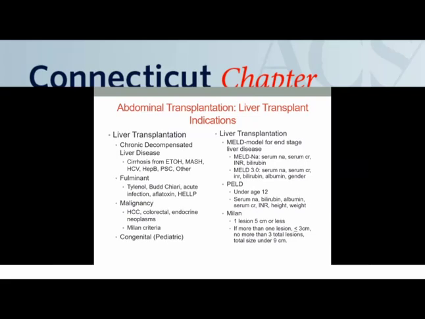These include recently non-resectable colorectal metastases, endocrine neoplasms limited to the liver, and cholangiocarcinoma, which we can talk about, but generally constitutes cholangiocarcinoma that is extrahepatic between the bifurcation and the cystic duct and less than 2 centimeters in size. And then we'll talk a little bit about the Milan criteria in the next one.